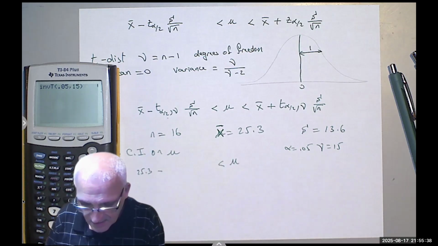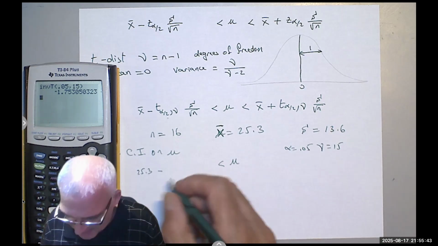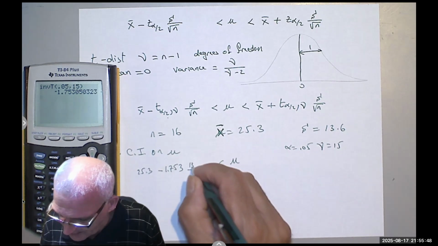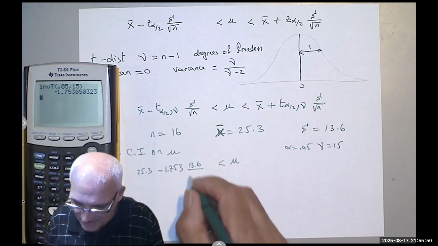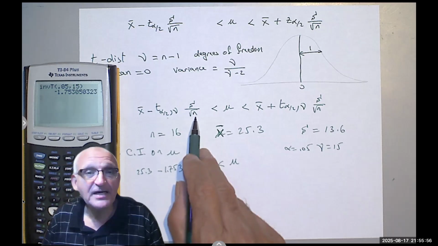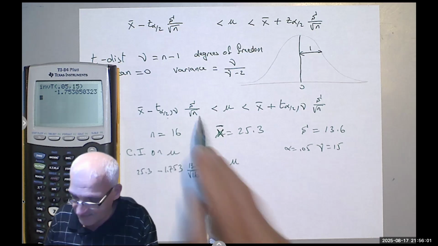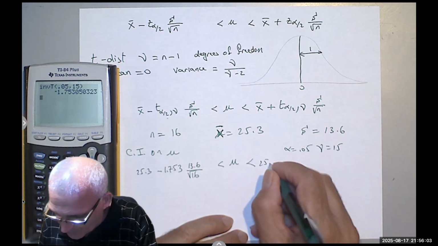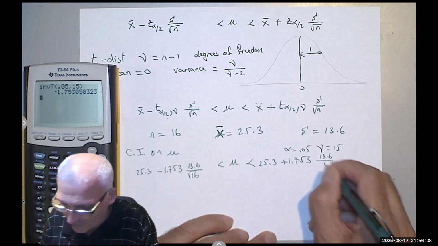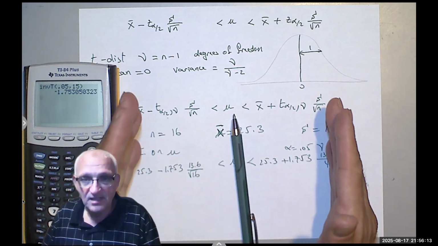This gives you negative, of course it's negative, but we don't write another negative, 1.753 times 13.6 over 4, which is the square root of 16. Notice, this is n minus 1, but you divide by the root of n. So be careful, these are not the same. This is n minus 1, this is n under the radical. Less than 25.3 plus 1.753 times 13.6 over 4. And of course, mu would be exactly in the middle of these.